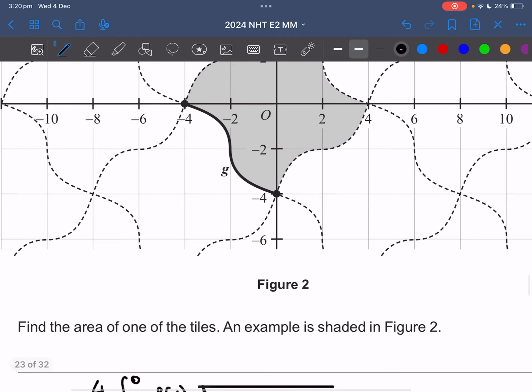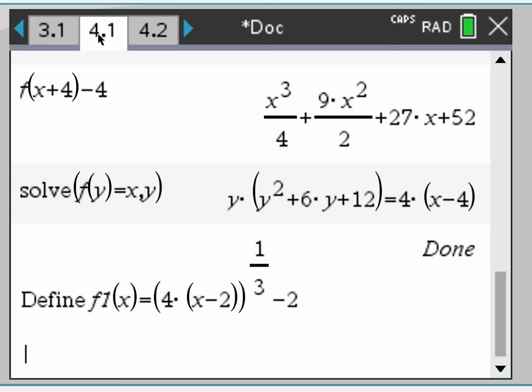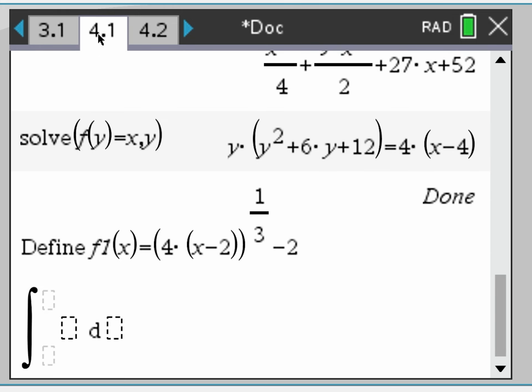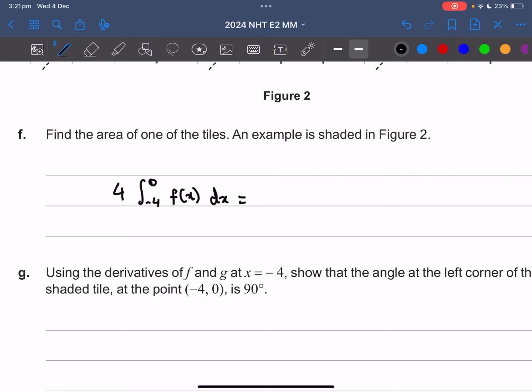Okay. So let us do that on our calculator. So we have 4 times the integral from -4 to 0 of f of x dx. So 32. So 32 units squared.